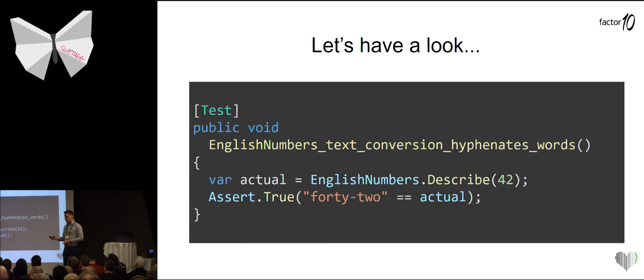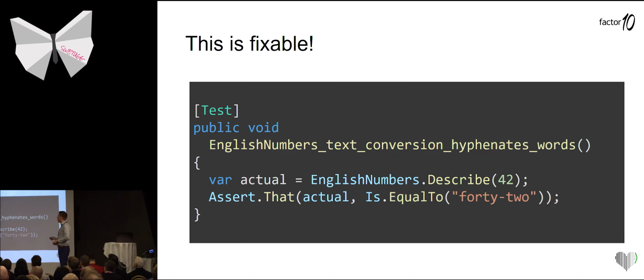So how do we fix this? Anyone? Assert that actual is equal to 42. So we hand the actual value to the test framework and the expected value to the test framework.